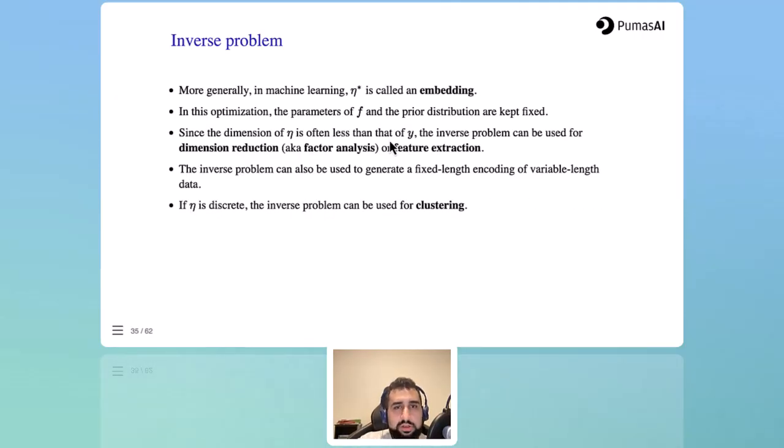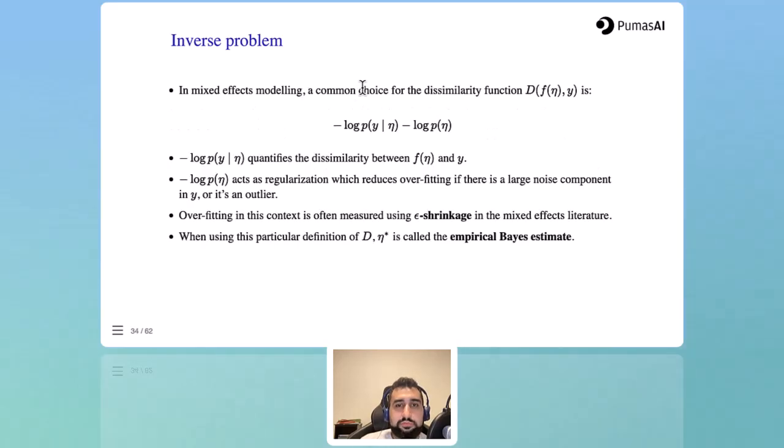Now, in machine learning, eta star is often called an embedding. So you can calculate the embedding for text data, you can calculate the embedding for image data. The only difference would be that the definition of f here would be different for text versus images, and obviously the number of parameters may be very different as well.